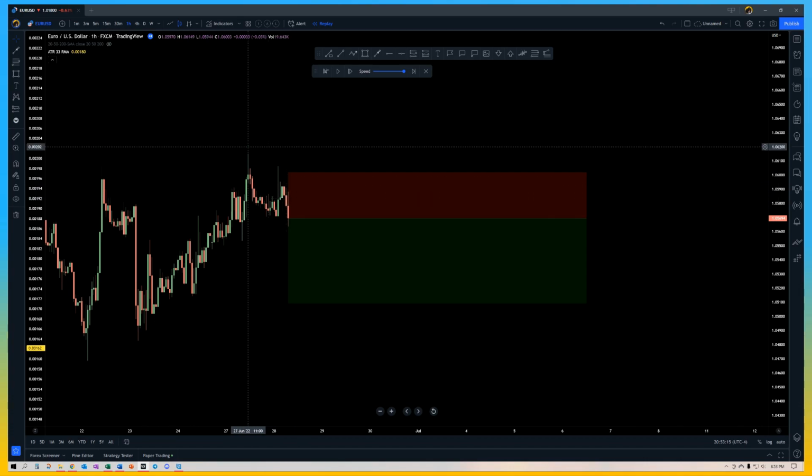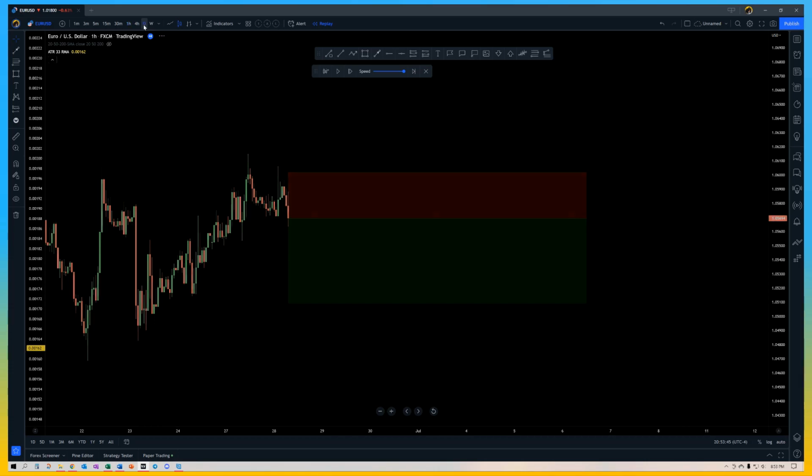And if you look up here to the top, pay attention to that yellow number right there. I'm over the candle prior to the candle before my entry, and it says that the average true range on this time frame is 15. So each candle moves about 15 pips on this 1 hour time frame. You see I'm on the 1 hour time frame.